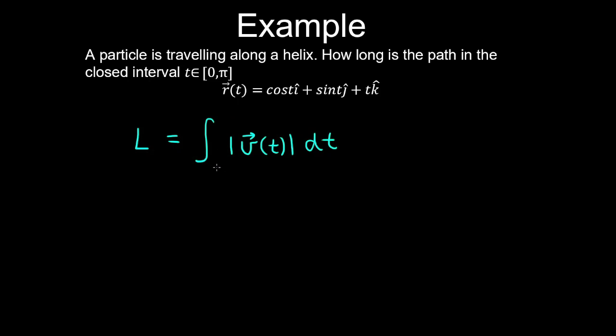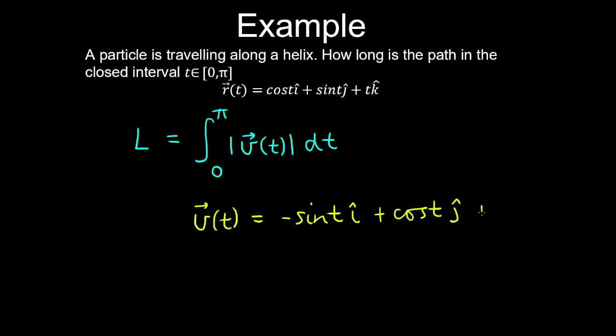And here we're integrating from 0 to pi. The velocity can be obtained by differentiating the position vector. So we get minus sine t in the i direction, plus cosine t in the j direction, plus k.